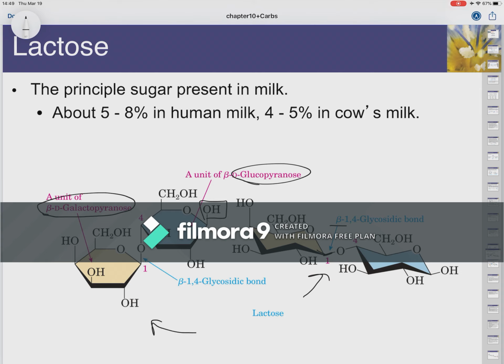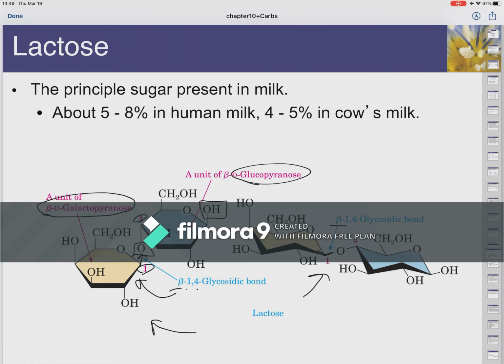This is in the Haworth projection. Haworth, you can see it's up. The O was up. And so this isn't actually showing you the formation of the sugars, but more just the two sugars together already, linked together via the glycosidic bond. Beta, because this sugar was OH up. 1,4, because it's the 1 to the 4 connecting.